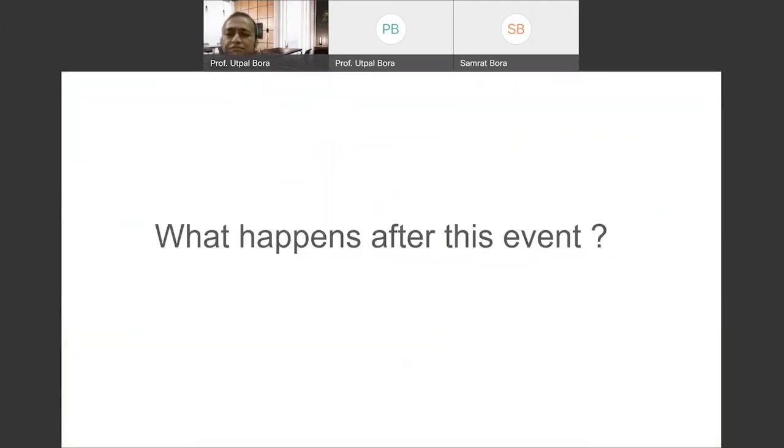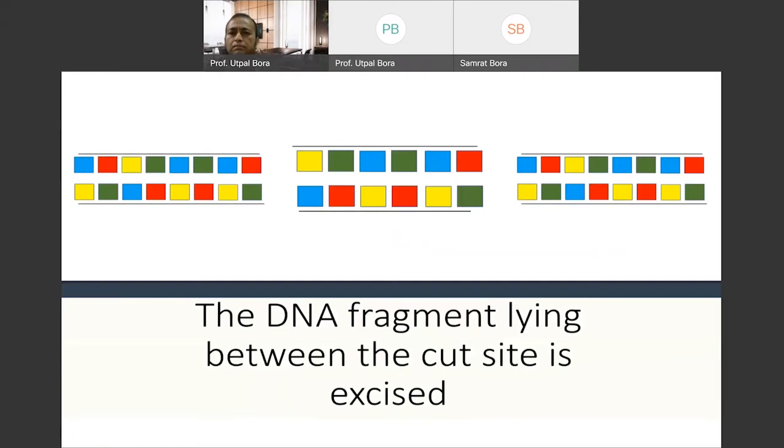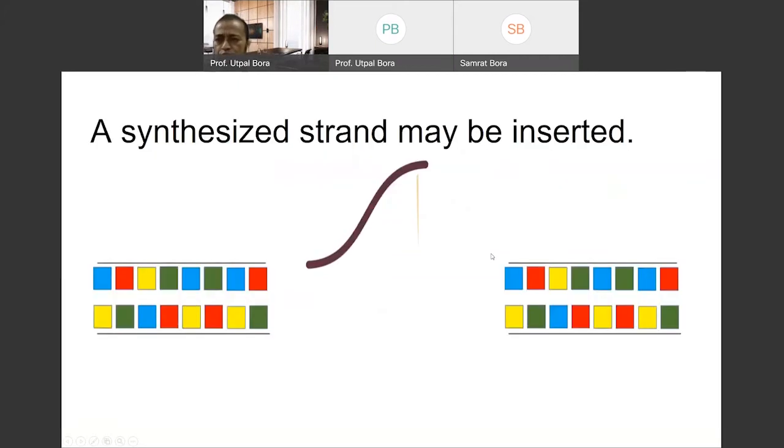So what happens after this excision is carried out? The intervening sequence, the DNA fragment lying between the cut sites, is excised and thrown away.